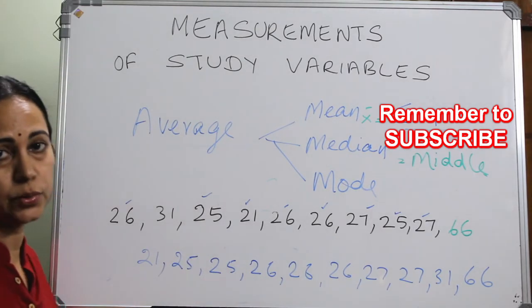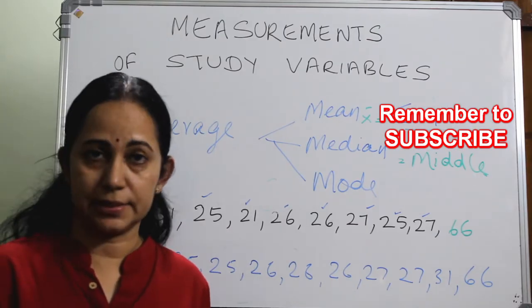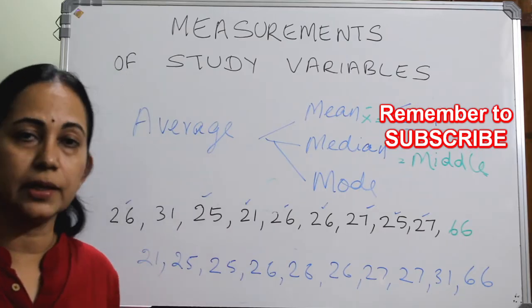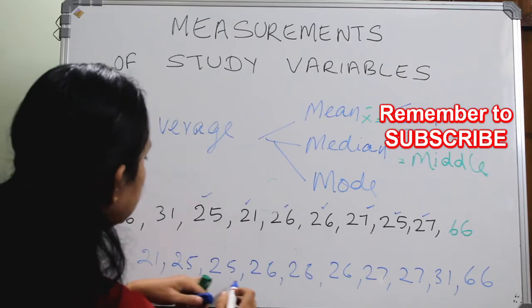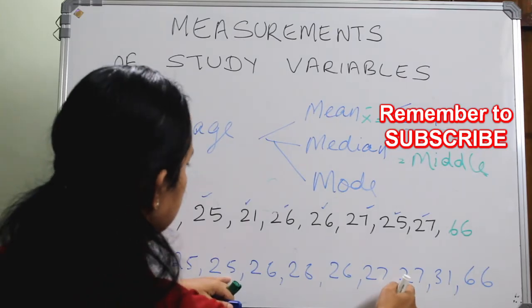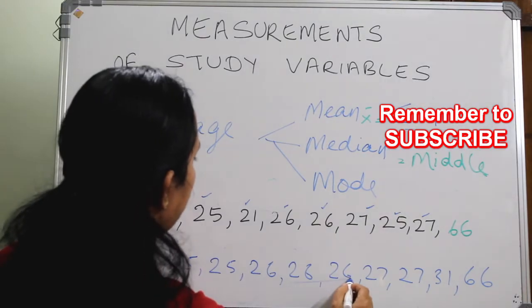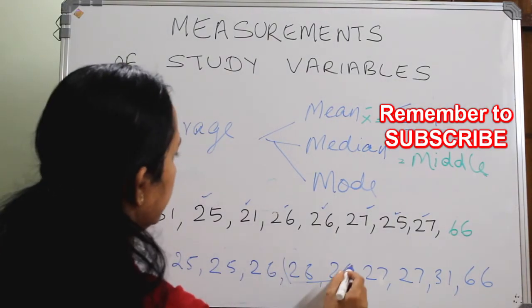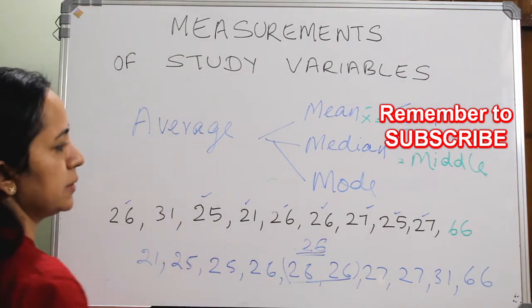So of 10, there are actually an even number. Only in odd numbers do you get the exact middle value. If it is an even number, you have to take the average of the middle values. So in this you have to take the average. These two are the middle values. So you take the average of this, it comes to 26, right?